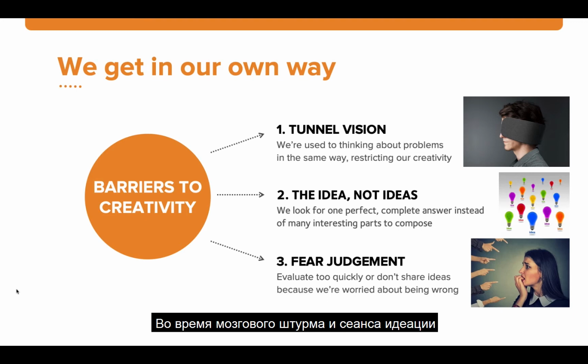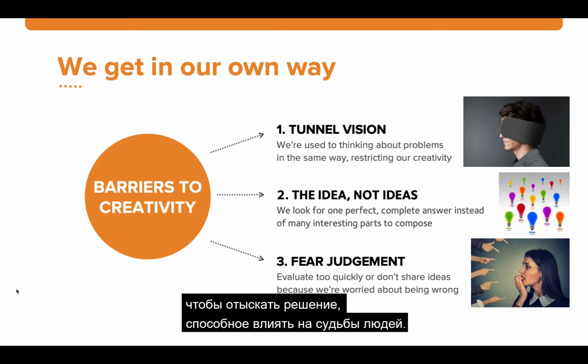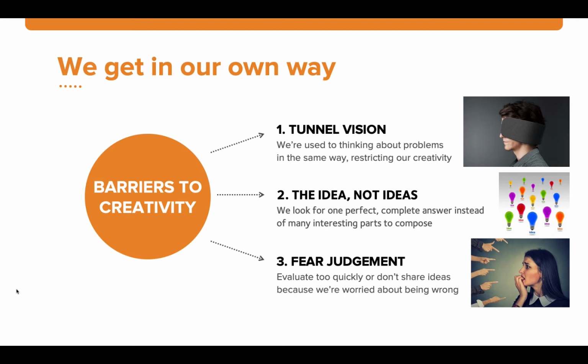Whenever you are approaching brainstorming and ideation, don't think one idea, think several ideas. And over time, you'll be able to filter them, combine them, remix them into a robust solution that can have the potential to change people's lives.